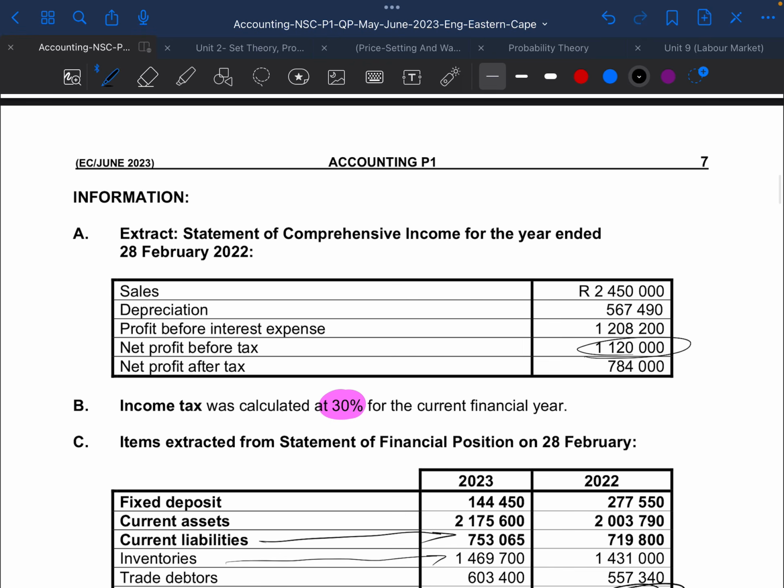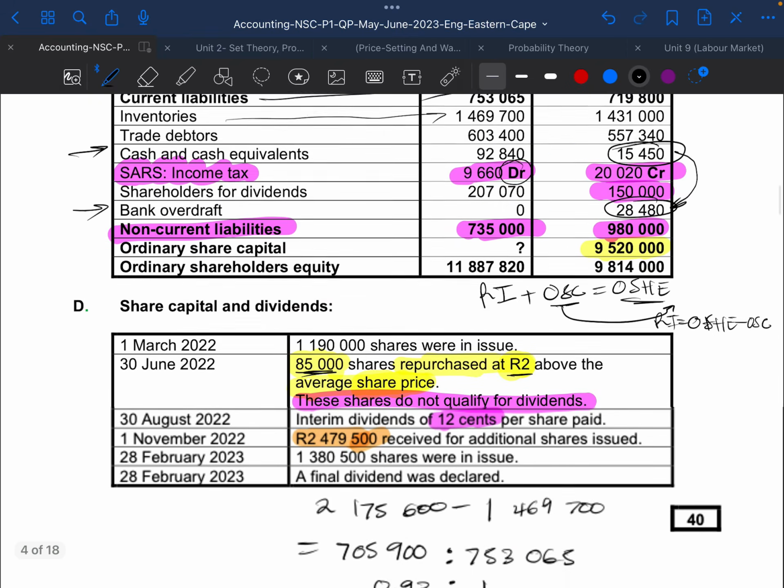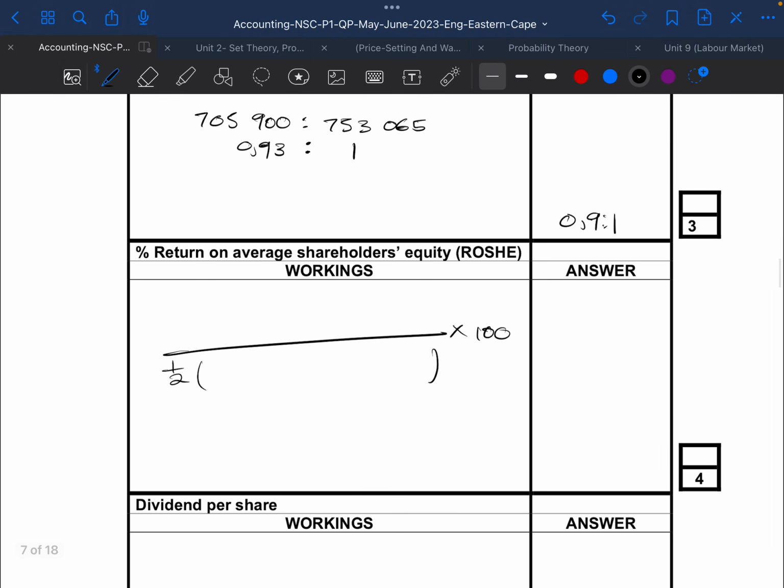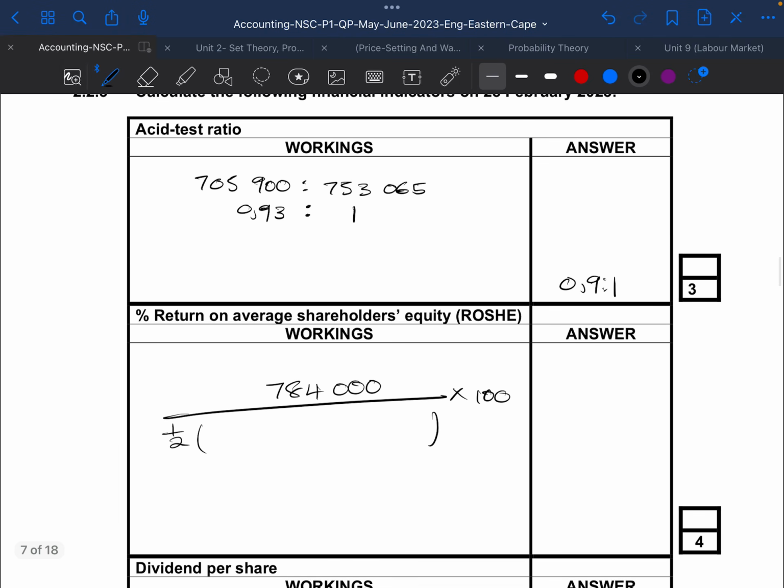Information is kind of far. Okay, here I've got it, 784,000. Let's just quickly write that down, 784,000. And then your average return, because remember this is return on, and then you have your average shareholders equity.